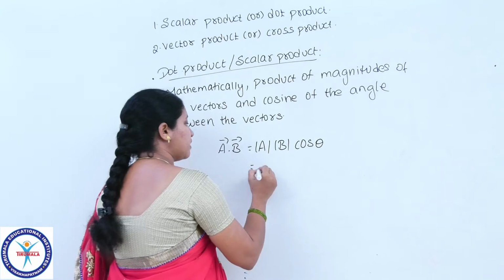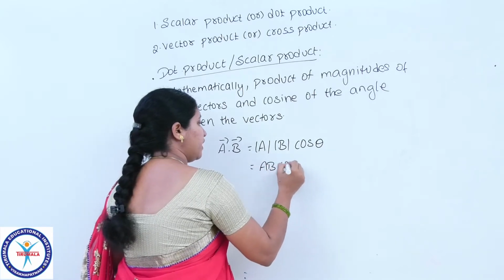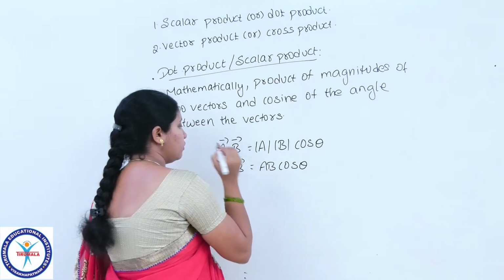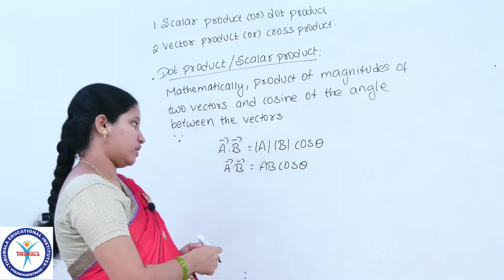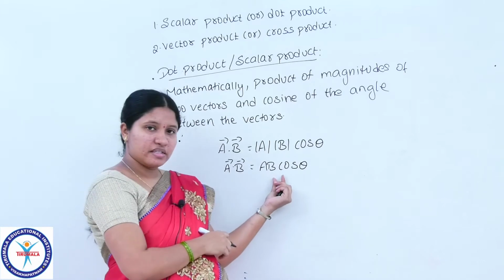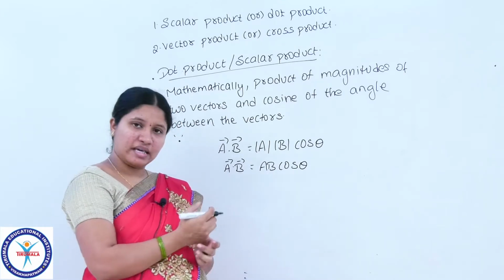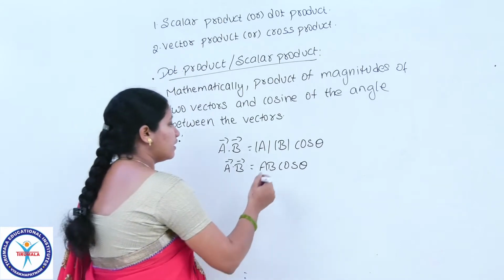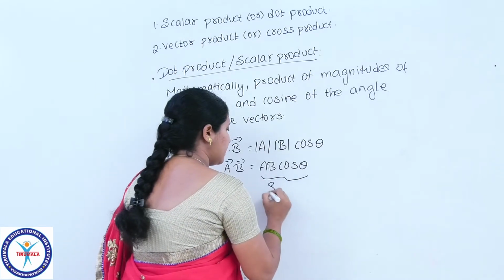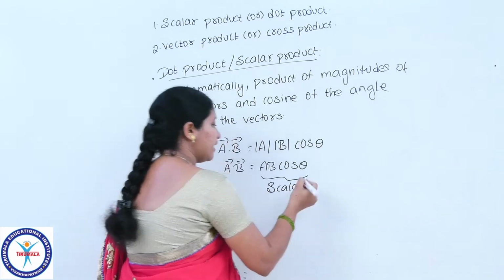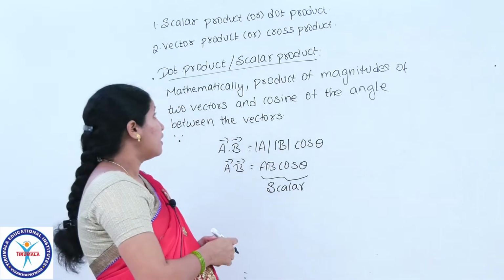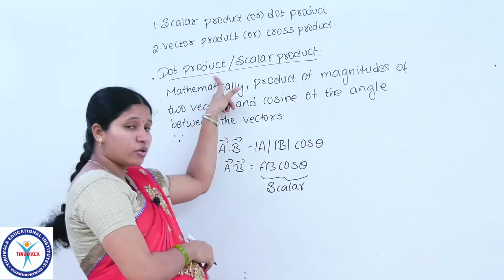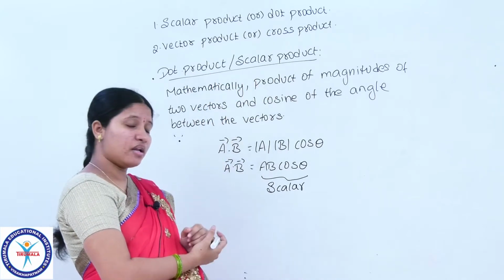So we can write simply a bar dot b bar equal to ab cos theta. In this case we get the product as a scalar quantity, hence the name scalar product. It is also known as dot product.